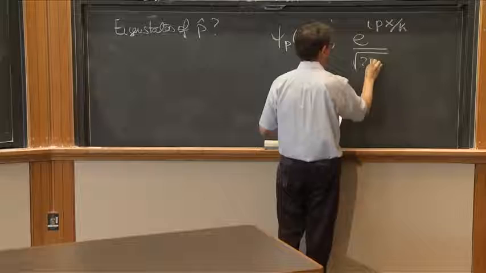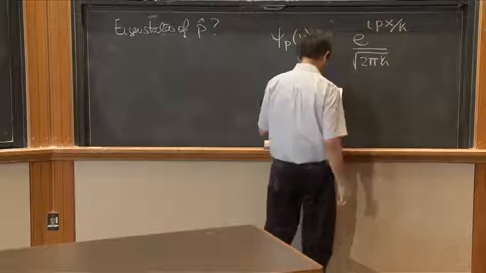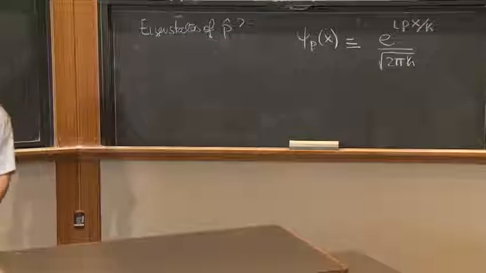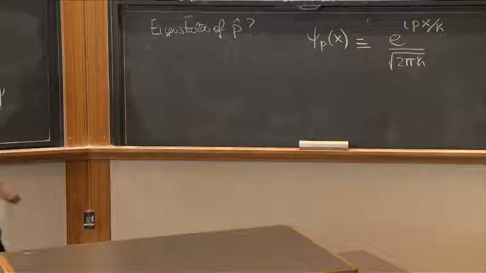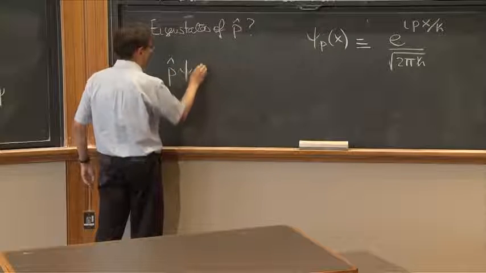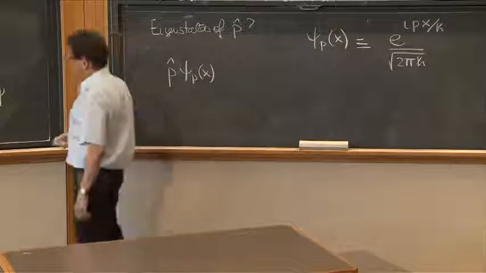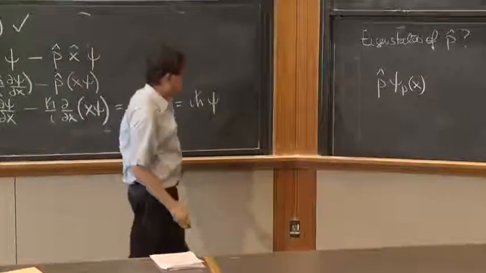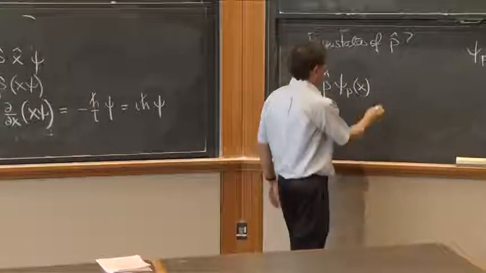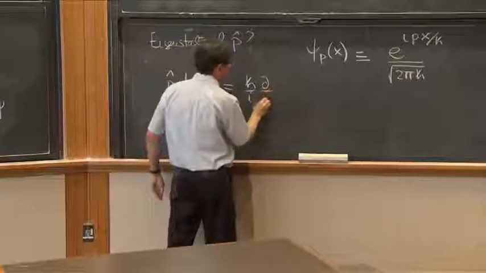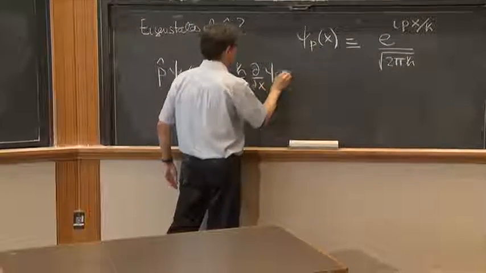And I'll put a 2 pi h bar here. It's kind of a useful normalization. Then p hat on psi p of x. Well, p hat is supposed to take h over i d/dx of psi p.